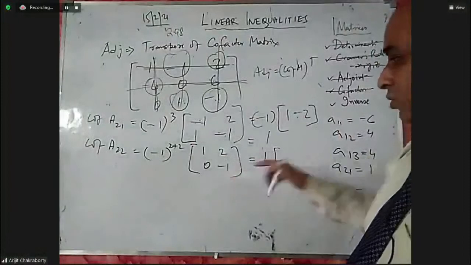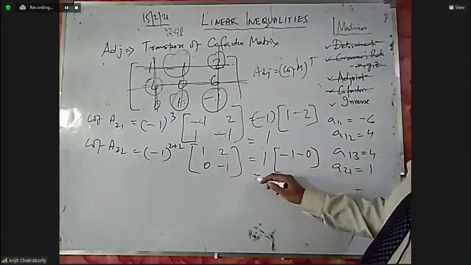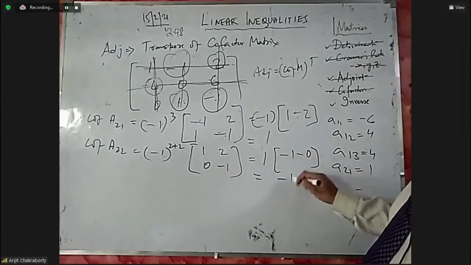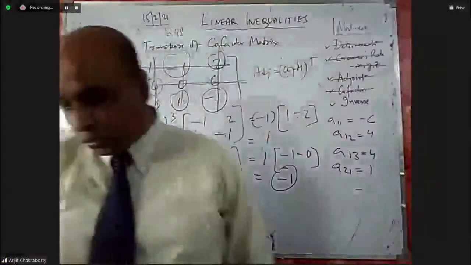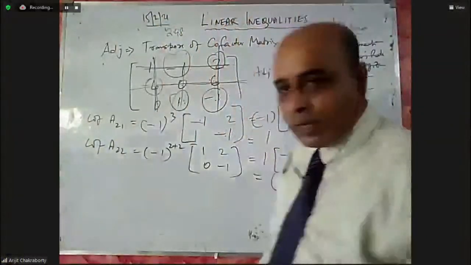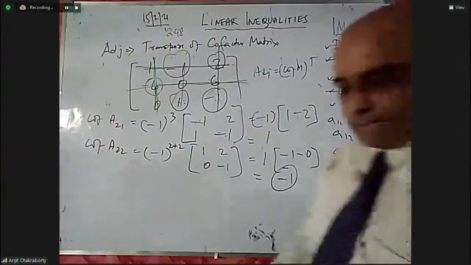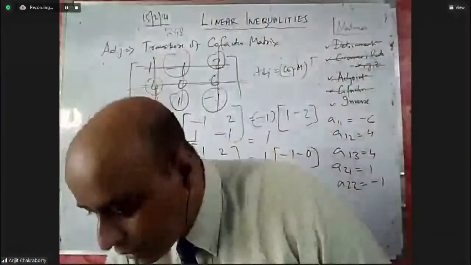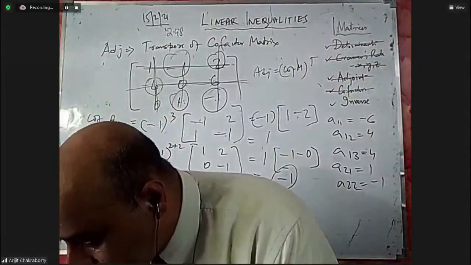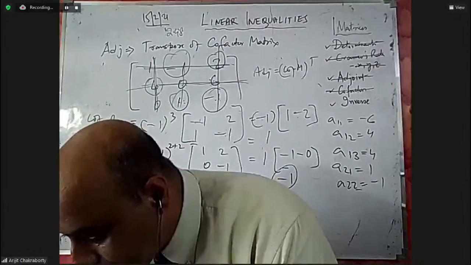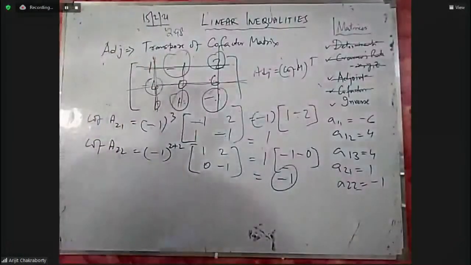Here I have 1 into minus 1, that is minus 1, minus 2 into 0, that is 0. So I get minus 1 into 1, which is minus 1. So cofactor A22 is minus 1. I hope you're following, and you can see that this is not that easy because it takes some time, and each and every step has to be done carefully.